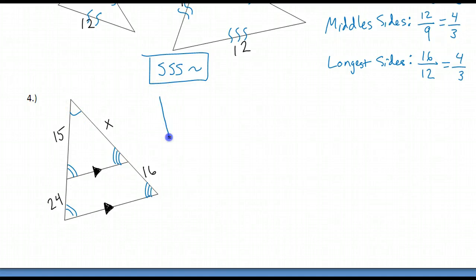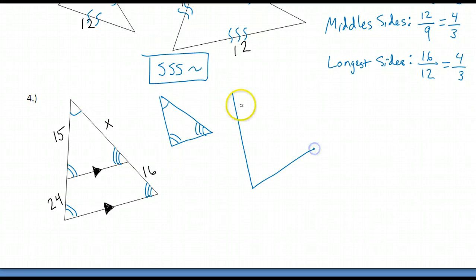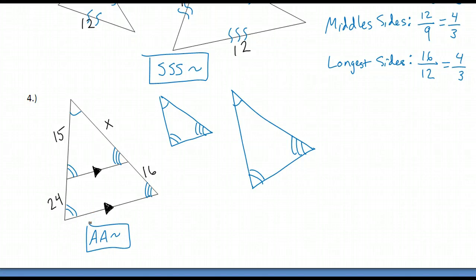So I really have this triangle and this bigger triangle. And these two triangles will be similar by the angle-angle similarity postulate. So how do I solve for x in this problem?